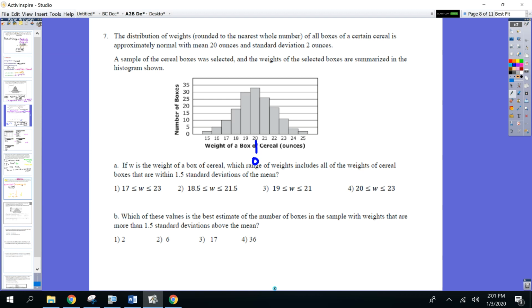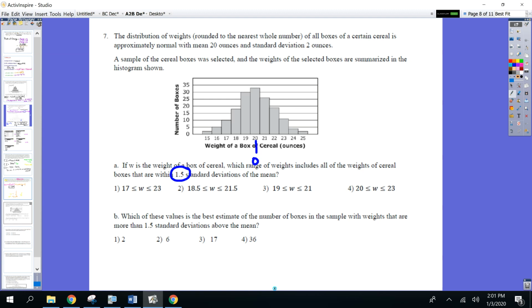Ooh, I'm changing this up. You can do this. I got faith in you. I want to know what's the scores within 1.5 now. Not -2 to 2, not 1 to -1, but now -1.5 to +1.5. Where are those values? Ready? Can anybody help me? If I'm at 20 right now, and that's my 0, my mean, where's +1 going to be? It's gonna be at 22.